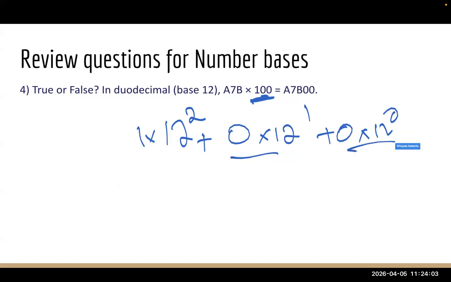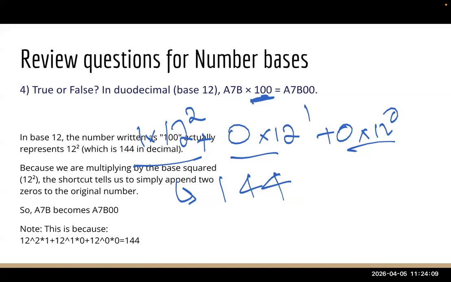So this is 0, this is 12 squared, which is 144. And it's a standard rule that whenever we are multiplying by the base squared, we just append two zeros at the end. So we have A7B over here already, and 100, as we can see, is basically 12 squared, and the base is also 12. It just becomes A7B double zero.